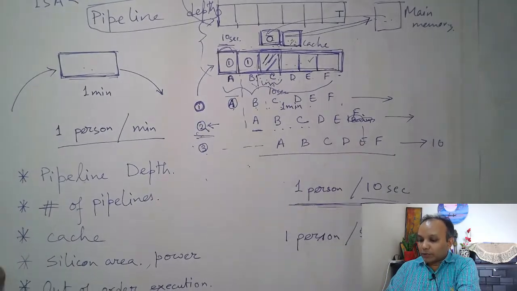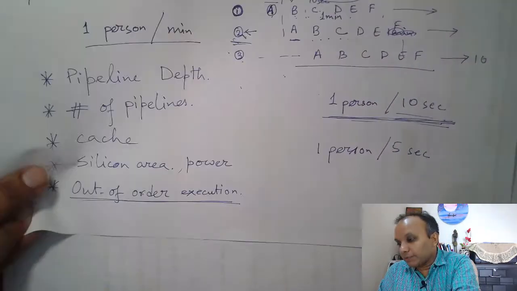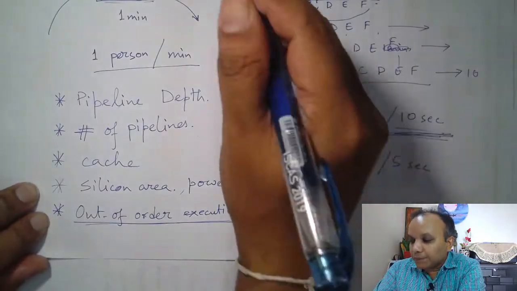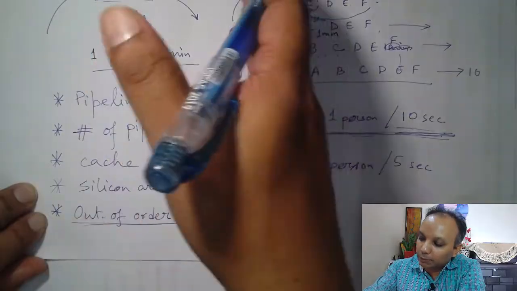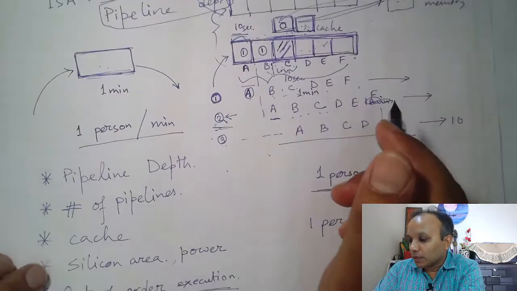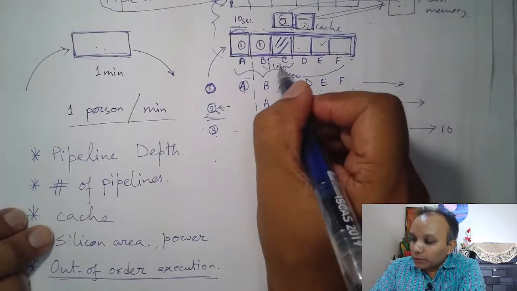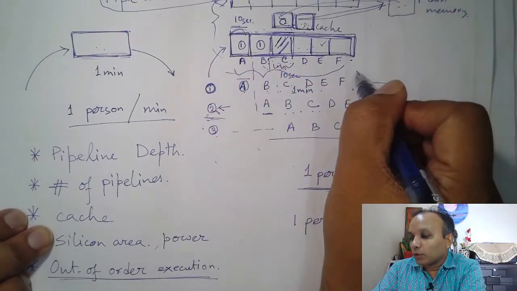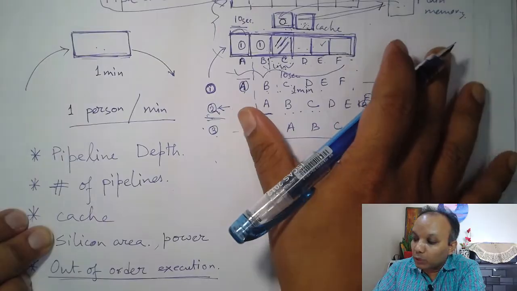But if your system, for achieving better performance, can move this guy ahead, then you will save some time and you can serve the other persons faster. So, whether you will allow this thing to happen or not is also defined by the microarchitecture.